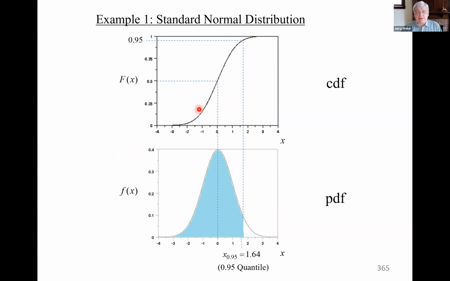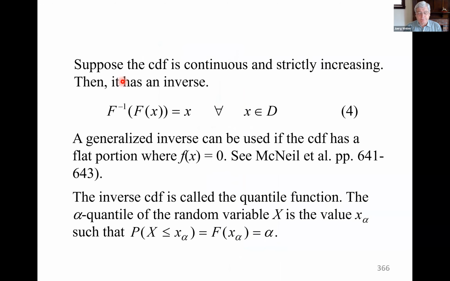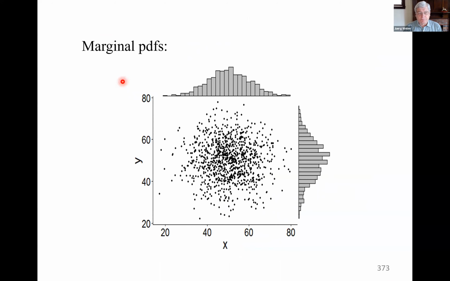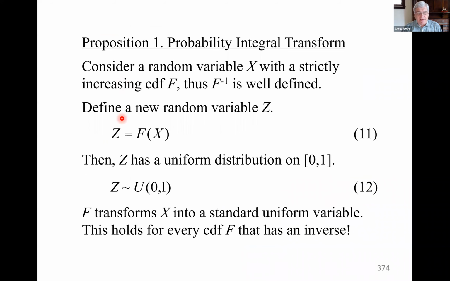You see that's the F(x), and up here, those function values are the Z's. So I could actually write here Z equals F(x). Those are the function values of the CDF.